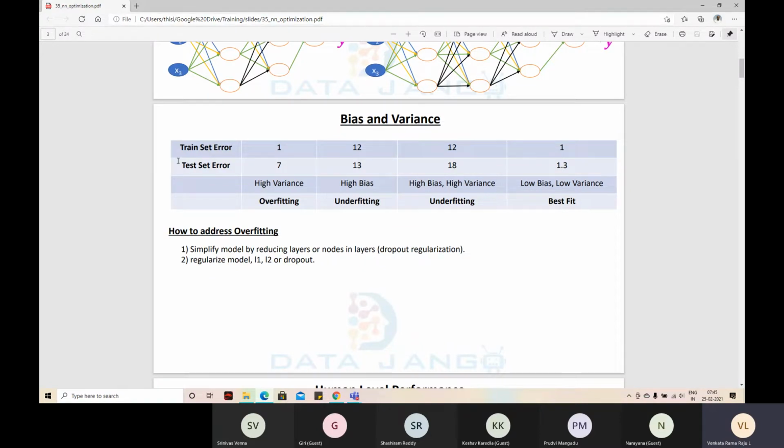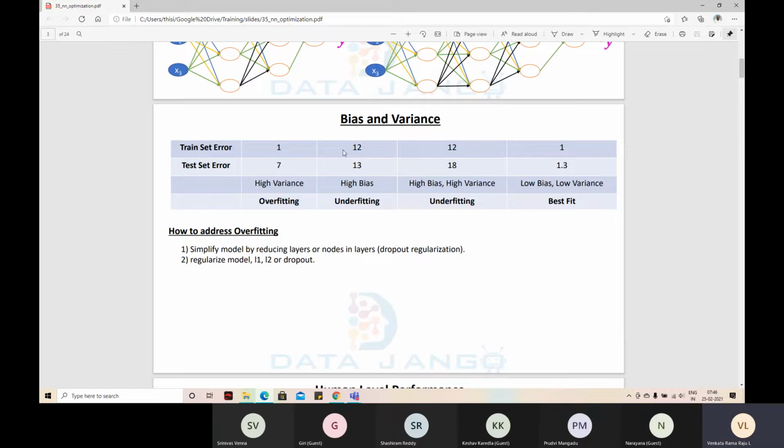On the train set, the error is 1, and on the test set, the error is 7. That means it's a high variance model, an overfitted model. The model is working well on the train set, not working well on the test set. That is overfitting.